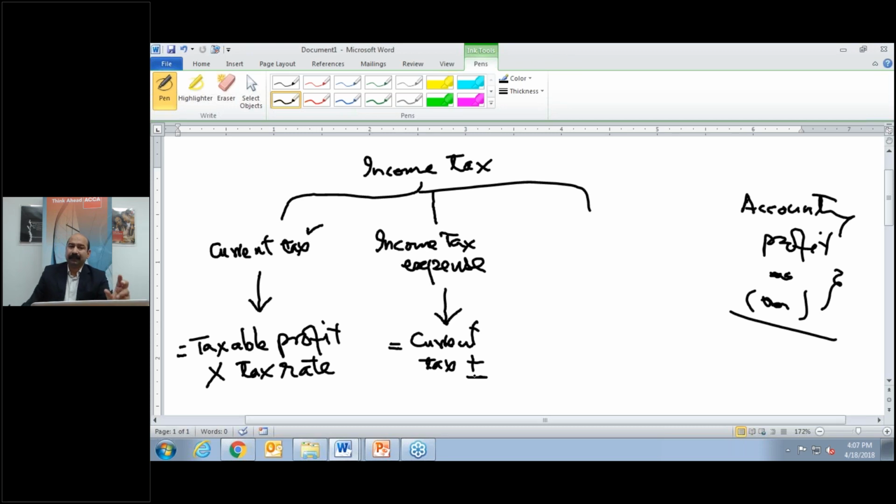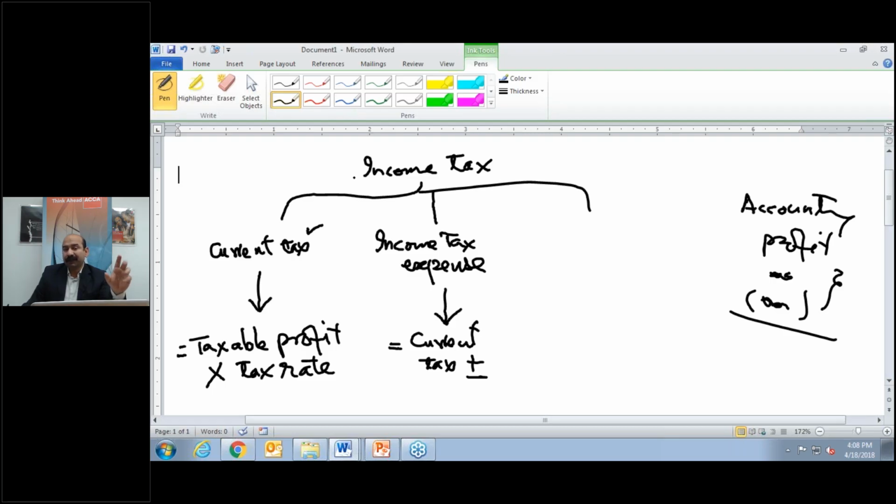Sometimes, from the tax people's point of view, your taxable profit is a lower figure, whereas from the accounting point of view, your profit is a higher figure. This means your current tax will be lower when you apply the tax rate on the taxable profit.